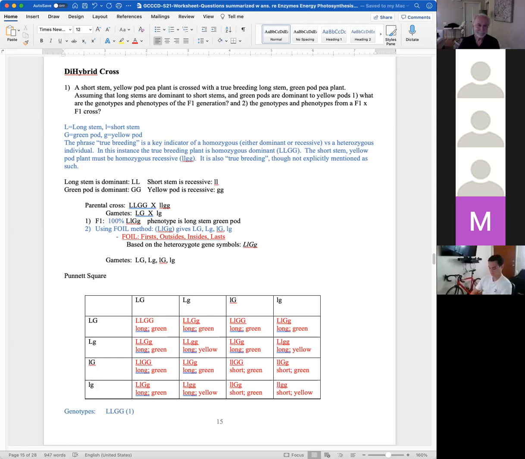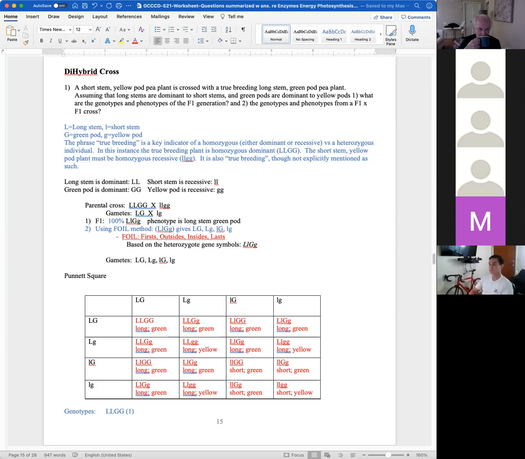So when you first start with these questions, you've got to figure out what traits we're looking at. And I think most people can identify that. In this case, we have a short stem yellow pea pod and a long stem green pea pod.